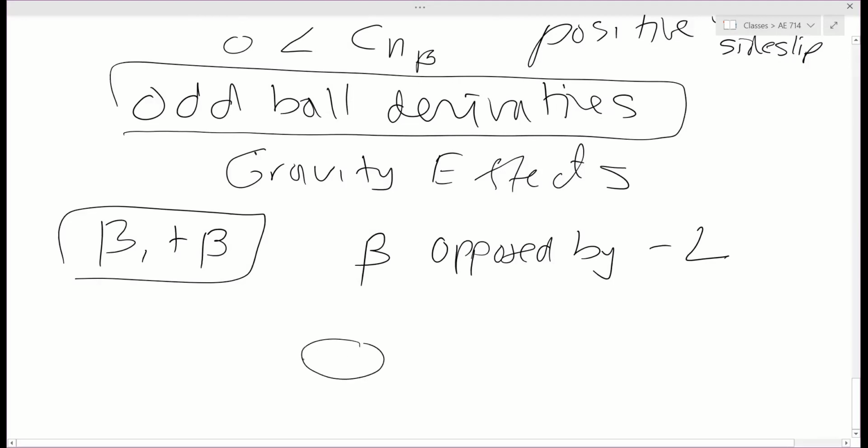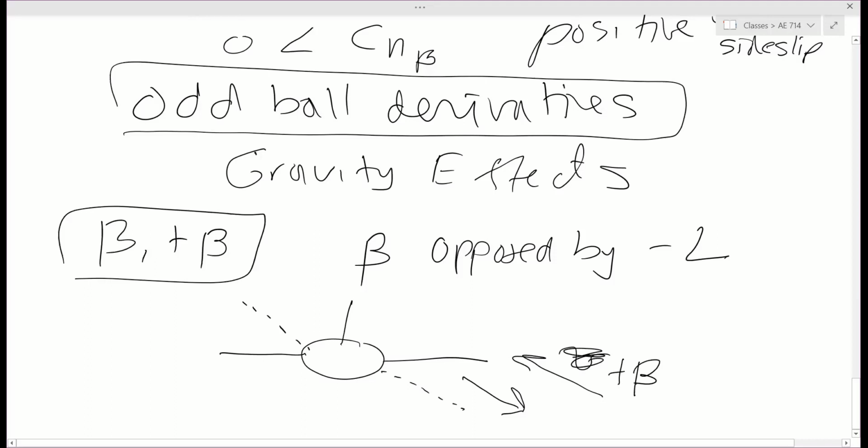So if you have your airplane, it's flying along straight and level, and it banks like that to the right, then gravity is going to cause the airplane to slide sideways, which produces a relative wind coming in, or it produces a positive beta.